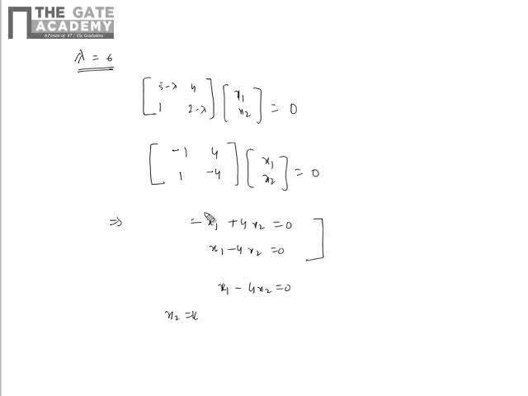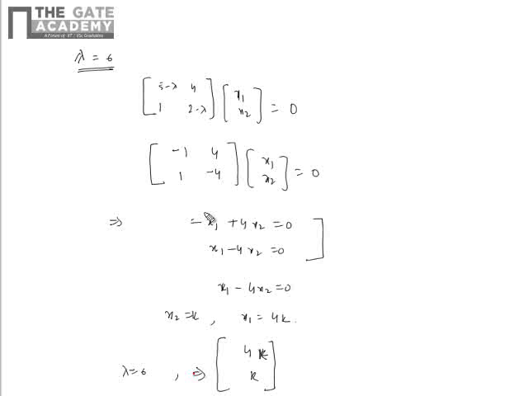We take x2 as k, so x1 will be 4k. Therefore the eigenvectors are 4k and k. This is the standard form of the eigenvector for lambda equal to 6. If you put k as 1, then 4, 1 is an eigenvector. If you take k as 2, then 8, 2 is an eigenvector. All those are eigenvectors.